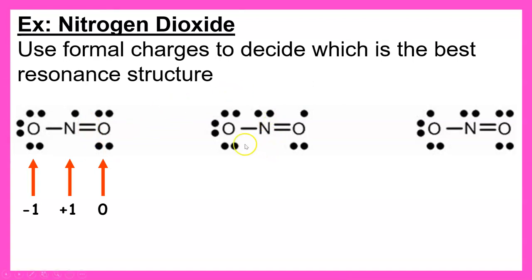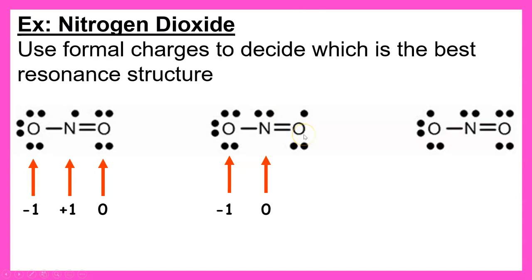For this one, I have a single bonded oxygen, which is a -1. Here, nitrogen should have 5. 5 minus 2 minus 1 minus 2 gets me 0.